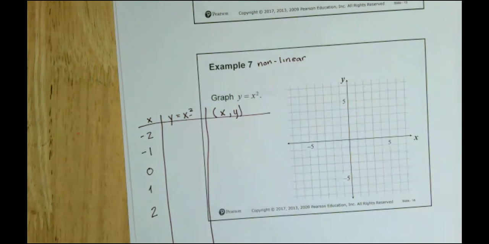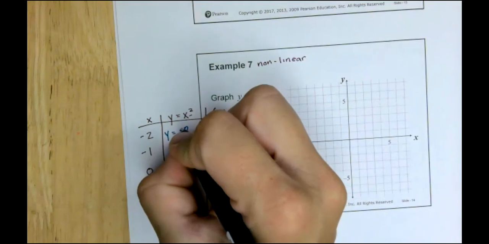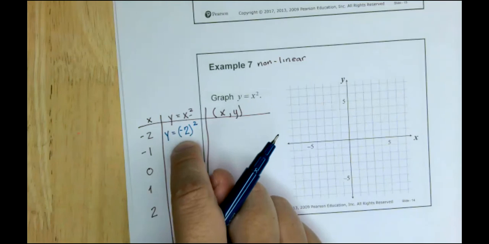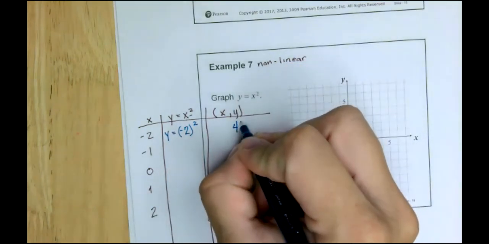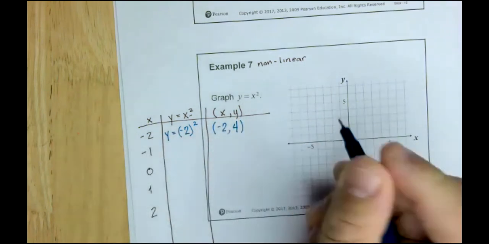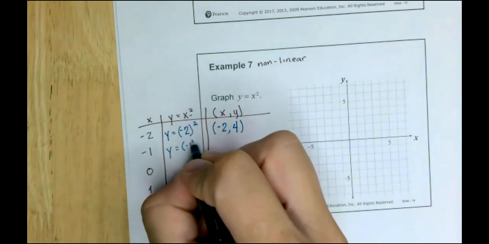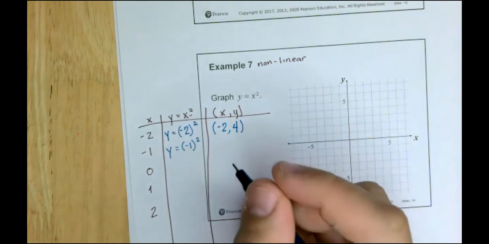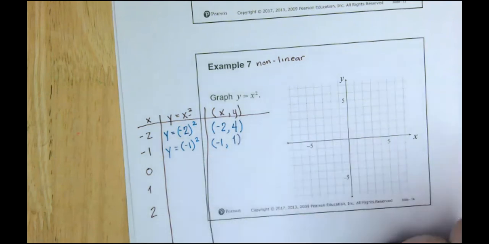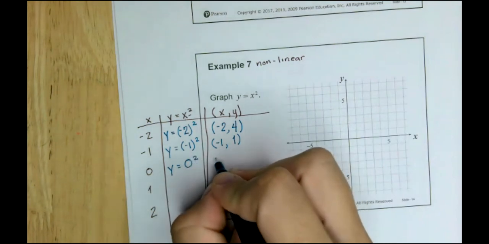So now we're going to say y equals -2 squared. What is -2 squared? -2 squared is 4. And the x was -2. So when x is -2, y is 4. -1 squared is just 1. So when x is -1, y is +1. 0 squared is 0.